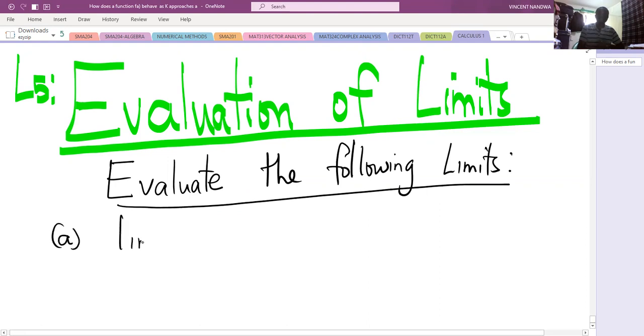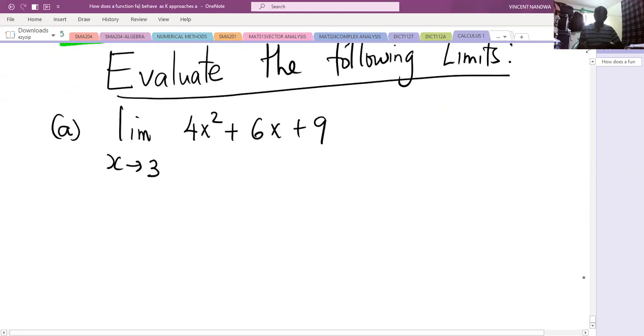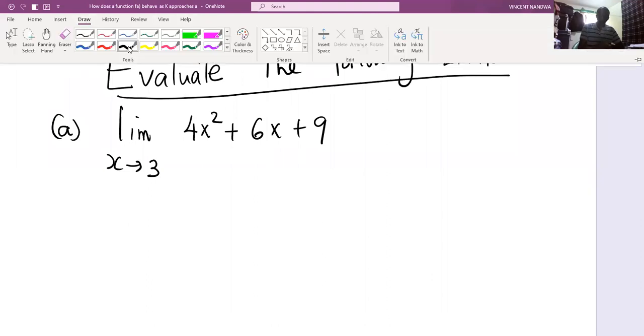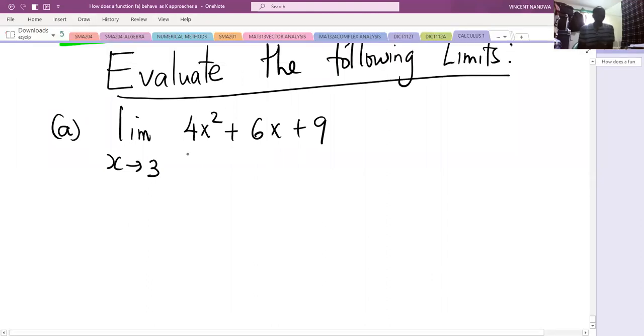A: limit as x approaches 3 of 4x squared plus 6x plus 9. This one is not very hard to evaluate if you remember what we stated as the laws of limits in the previous session.